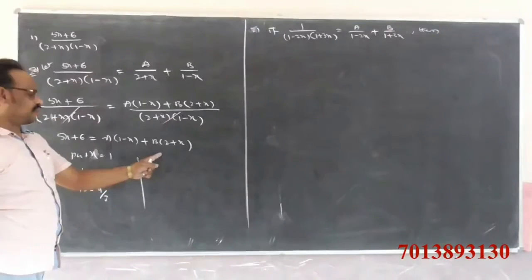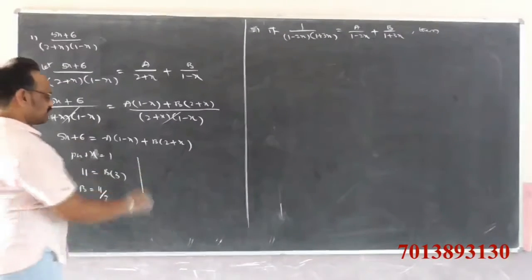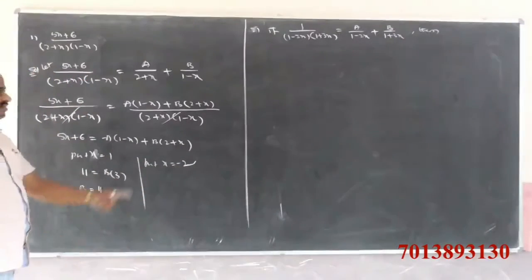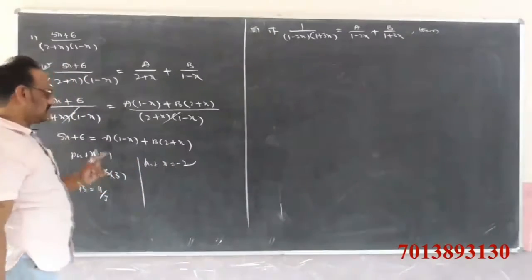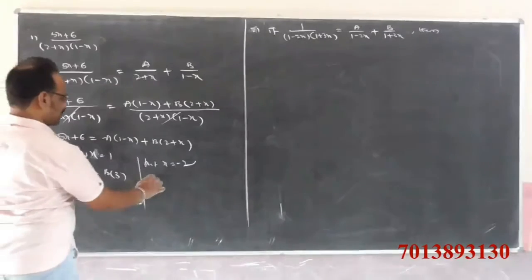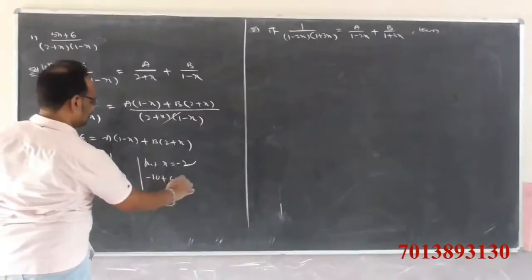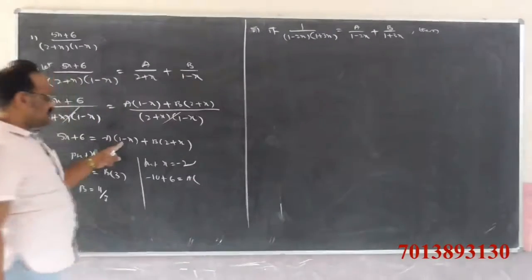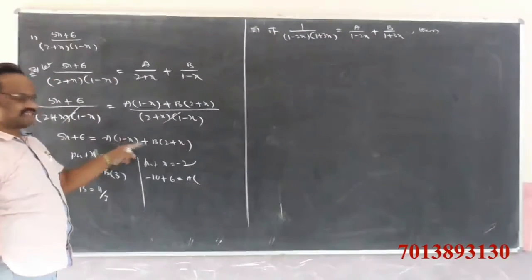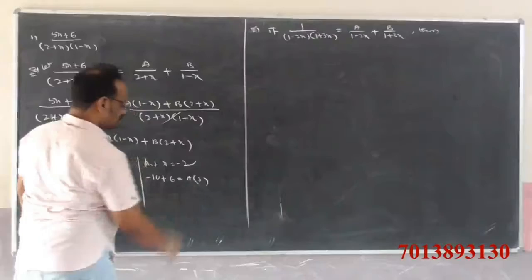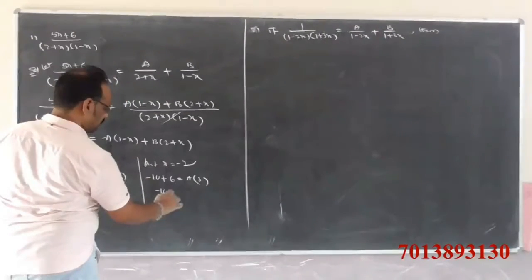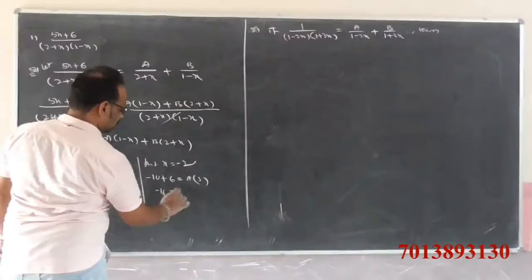How do we make the other term 0? Put x is equal to minus 1. Minus 2 plus 2 gives 0. We get minus 5 plus 6, which is equal to A into 1 plus 1... Minus 10 plus 6, we get minus 4 is equal to 3A.